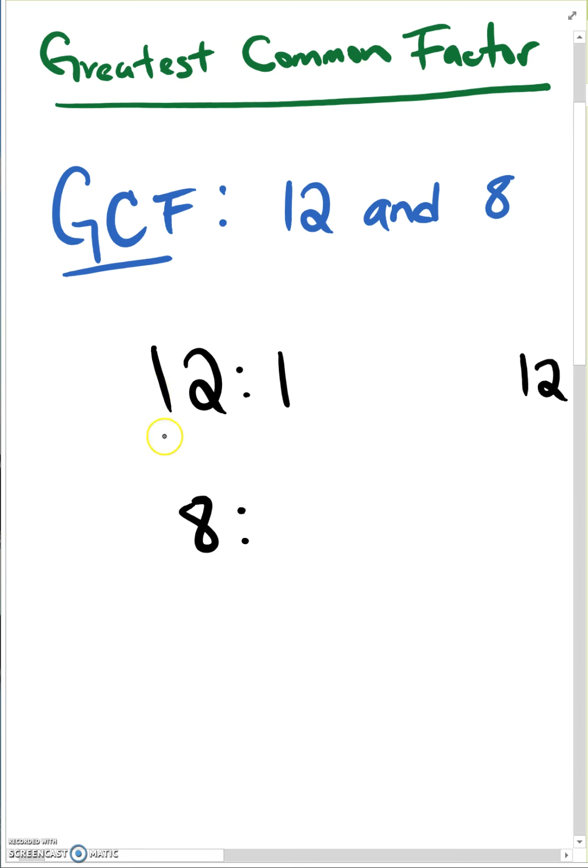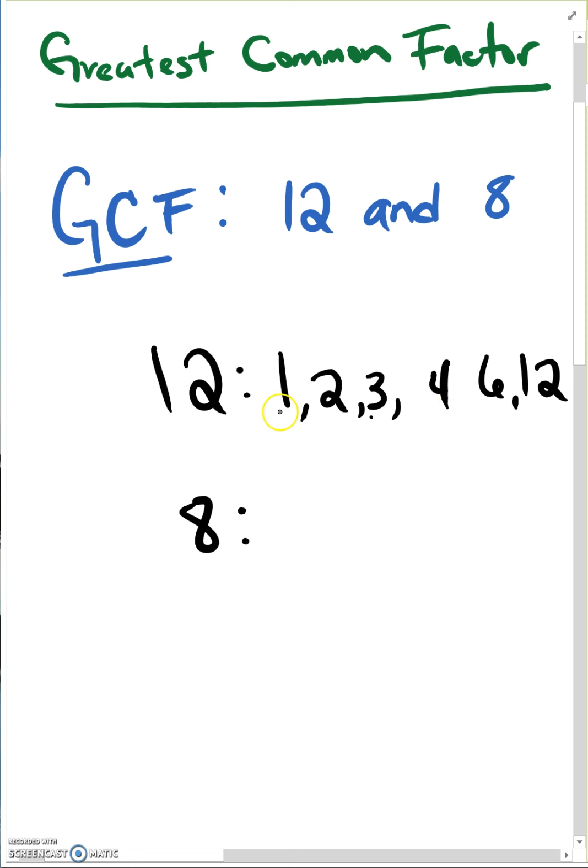See that? 2 times 6 also gives me 12. 3 times 4 also gives me 12, okay? When I go one up from 3, that's going to be 4. And 4 times 3 also gives me 12, but I don't need to write it down because I already have this 3 and this 4 there.